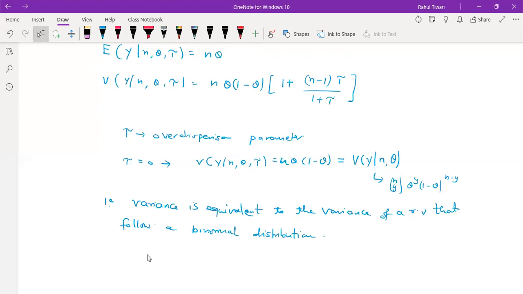And you can change the probability mass function also with that, that is not a big deal.